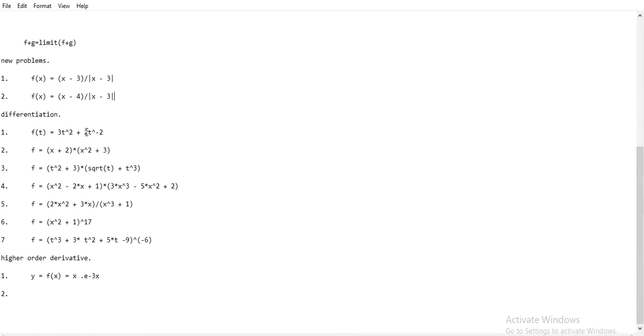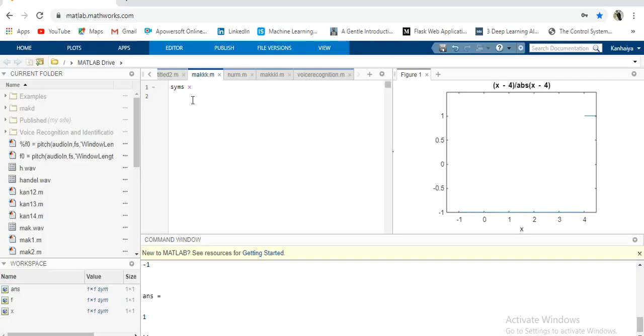It is a problem of differentiation. 3t square plus 2t to the power minus 2. Let's differentiate it with the method.